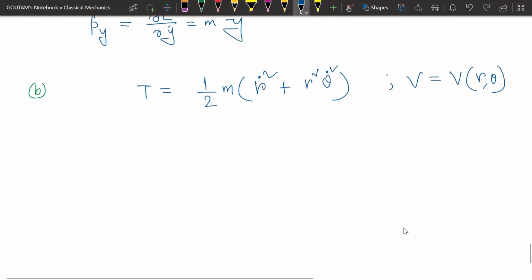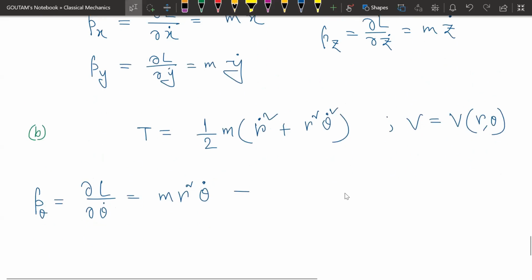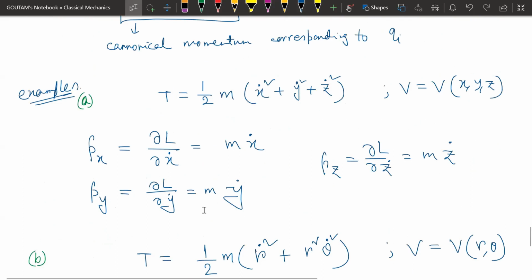In that case, p theta, the canonical momentum corresponding to the theta axis, will be del L del theta dot, which is m r square theta dot. Now this is not linear momentum. It is basically the angular momentum. And the dimension of this angular momentum is different from that of linear momentum.